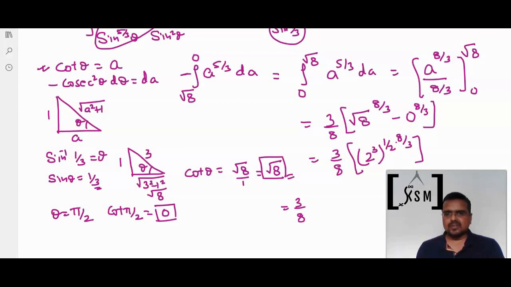So we get 2 to the power 8 over 2, which is 4, so it is 3 over 8 times 16, right? Which is 8 and 16 can cancel. We'll get 3 times 2, which is 6. So 6 is my final answer. Good.